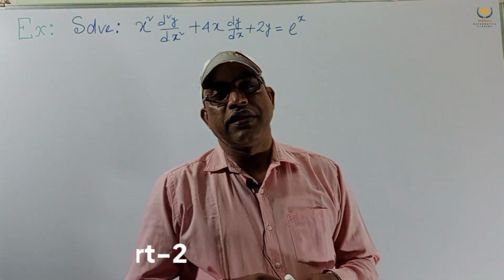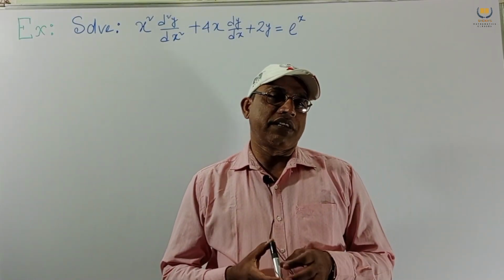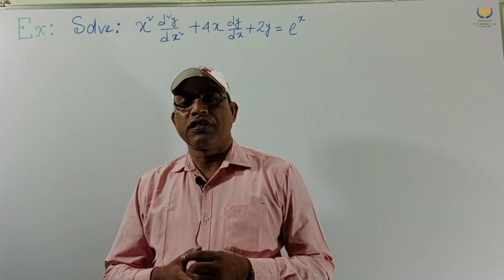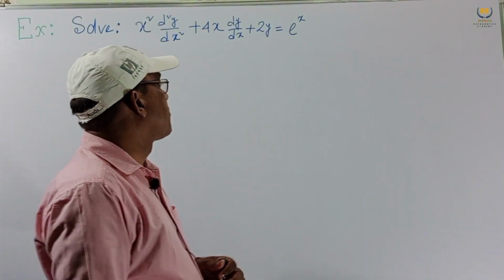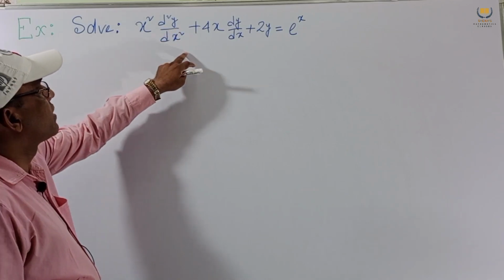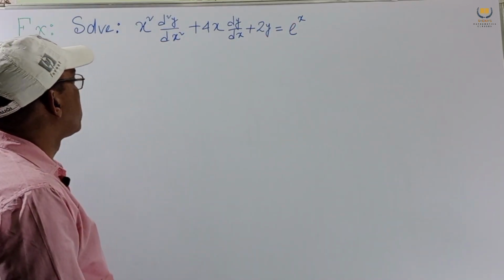Our main discussion is Cauchy-Euler homogeneous linear differential equation. In the last video, how to solve homogeneous differential equation was given, and now we consider the remaining problems. Solve x² d²y/dx² + 4x dy/dx + 2y = eˣ.